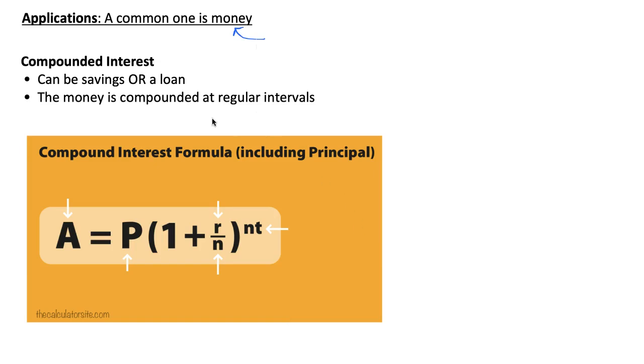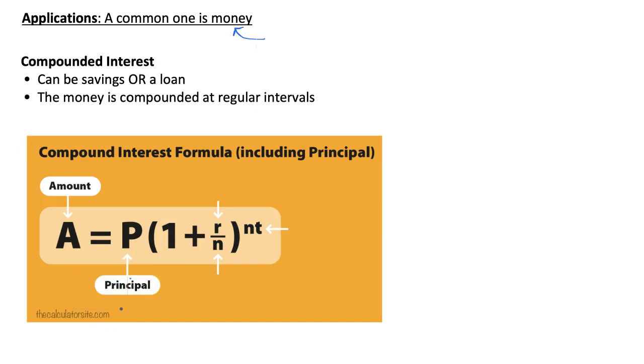Okay, so hopefully you've got this down and you've left some space around it to fill in each of these blanks. This first one is the amount. Amount basically means how much do you end up with? Then this next one is the principal.